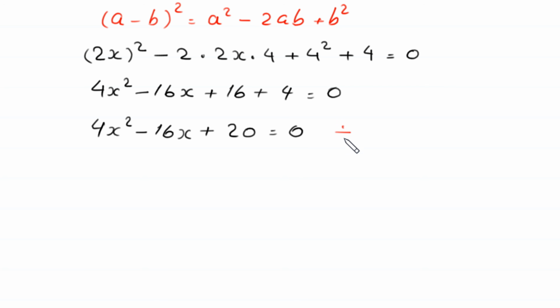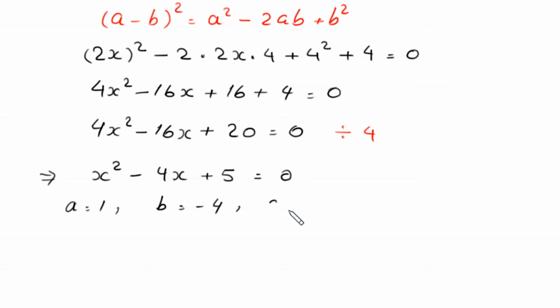Now if we divide both sides of this equation by 4, then this implies that x^2 - 4x + 5 = 0. Now this is a quadratic equation and is not factorable, so we solve it by quadratic formula. In this equation, a is equal to 1, b is equal to negative 4 and c is equal to 5.